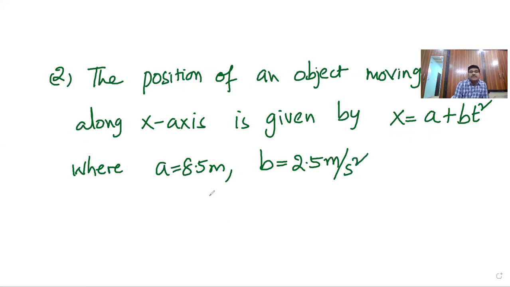Observe carefully, the units are different. A is 8.5 meters, B is 2.5 meter per second square.